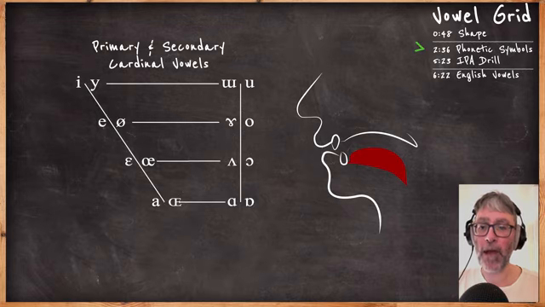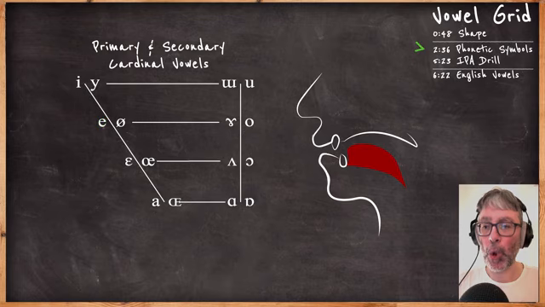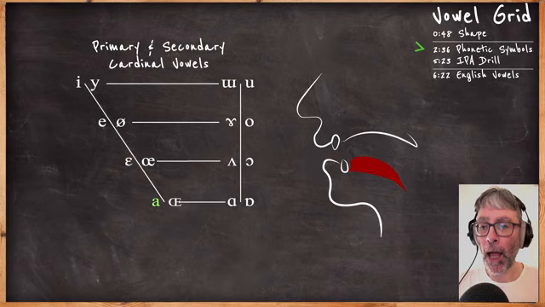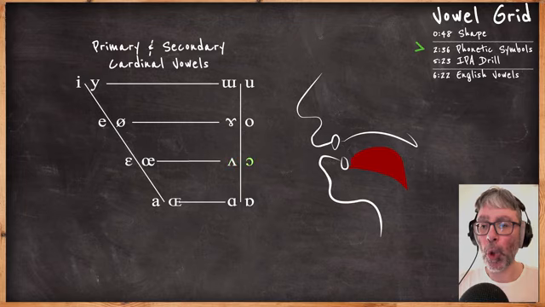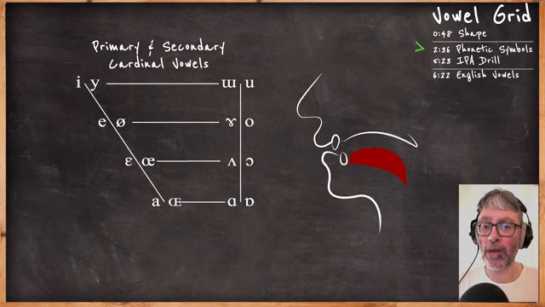In each pair, the rounded sound is to the right of the dot, the unrounded to the left. So now we have the primary cardinal vowels and the secondary cardinal vowels.